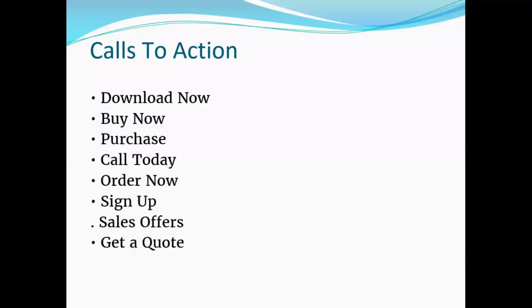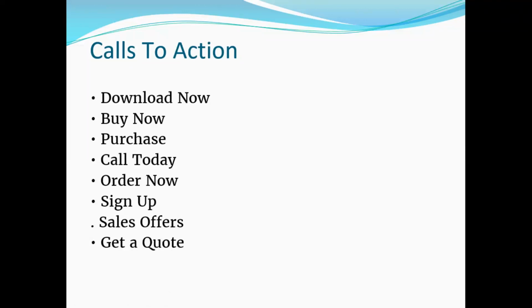So when you're creating an ad, these are the options we can add: the call to action option. This is called the button option. Please write down: Download now, which is for the purpose of your apps. Buy now for the shopping network. Purchase for the shopping network. Call today for search or display, or mobile apps also. Order now for your product on the shopping network.